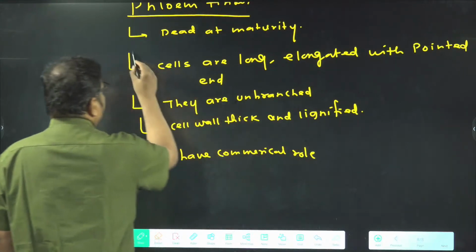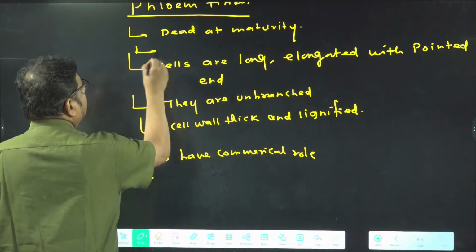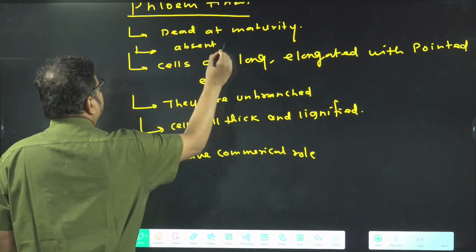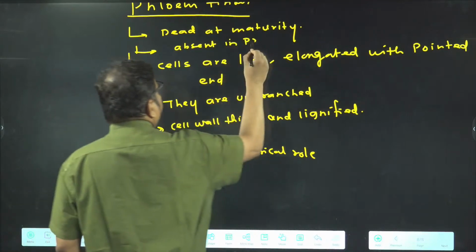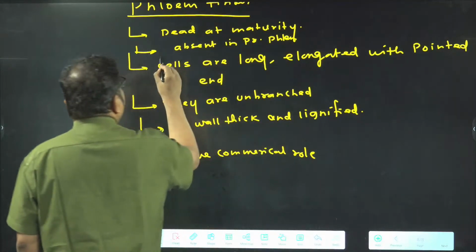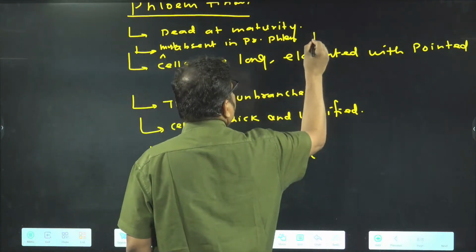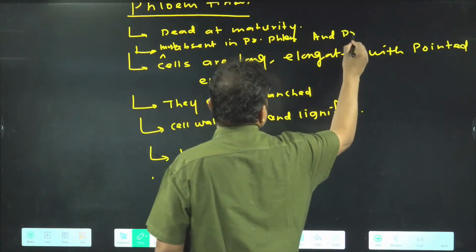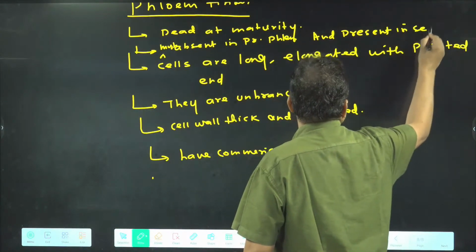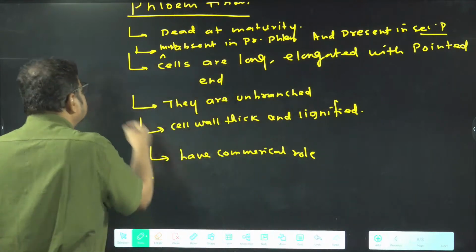And one more line I am writing: here mostly absent in primary phloem and present in secondary phloem. I already wrote it, so don't write it again, but I find it is important information, right?